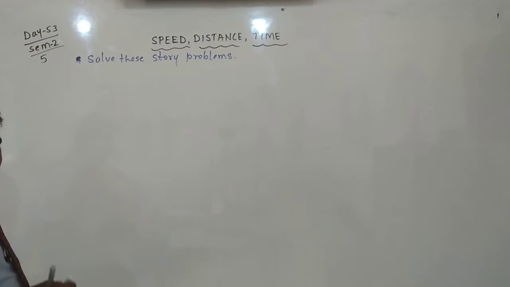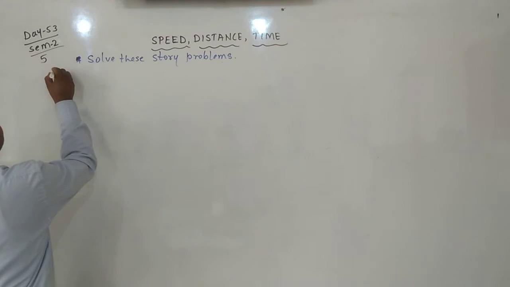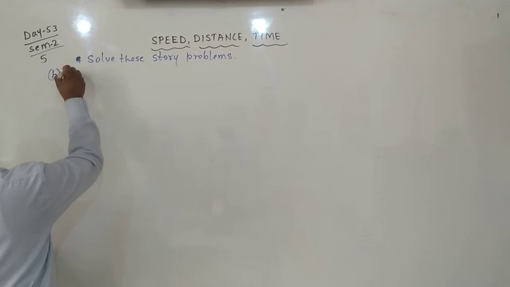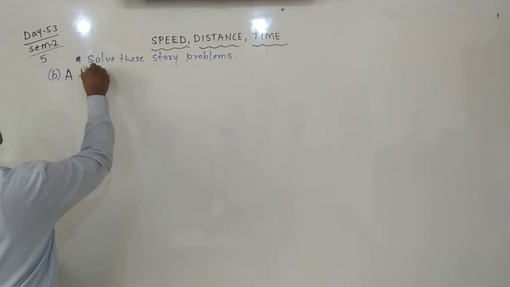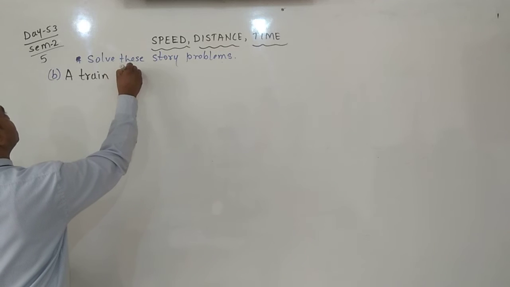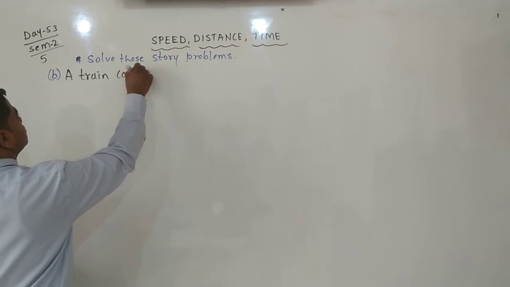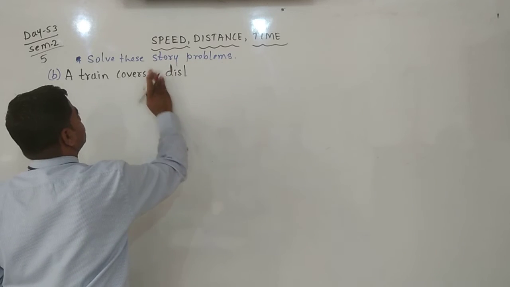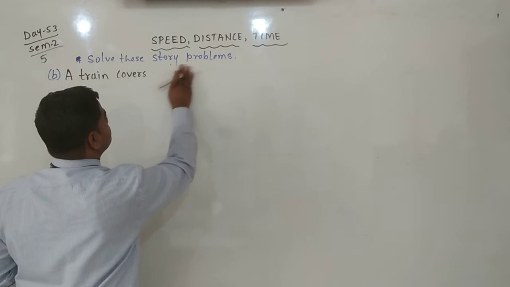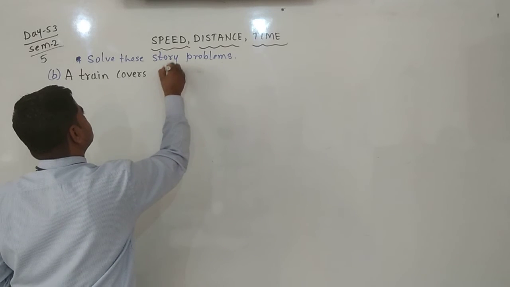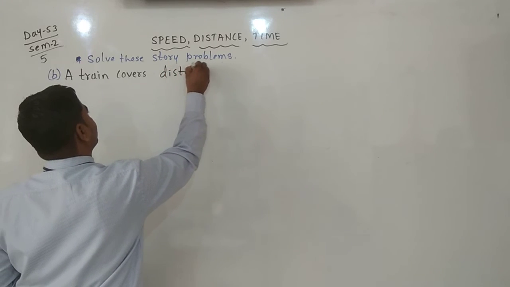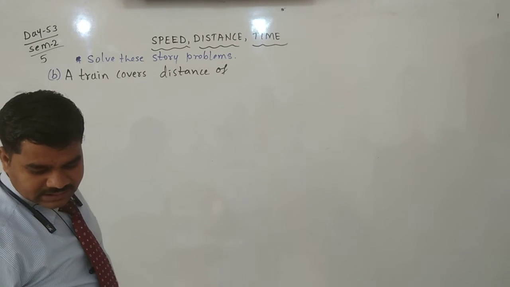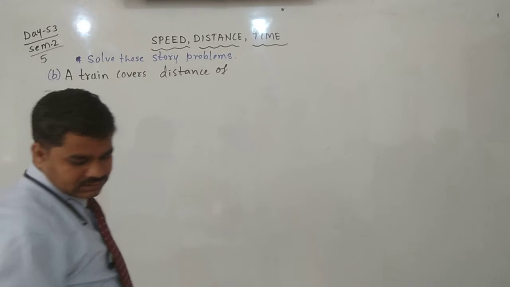A train covers a distance of 660 kilometers in 5 hours.